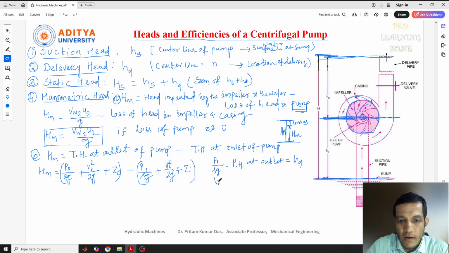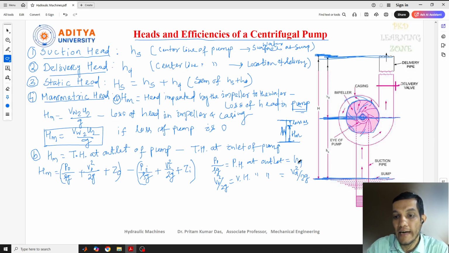Similarly, this is Vo square by 2g. This is already told you, that is velocity head, at the outlet conditions or at the delivery pipe also you can say. So that one we can write in terms of Vd square by 2g also. And Zo is nothing but the vertical height of the outlet of the pump from the datum line.